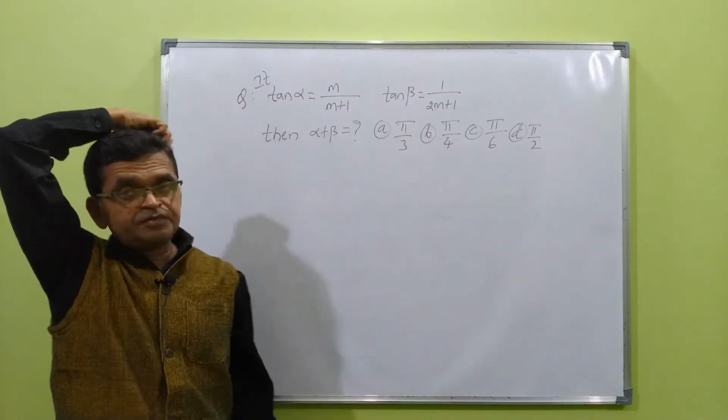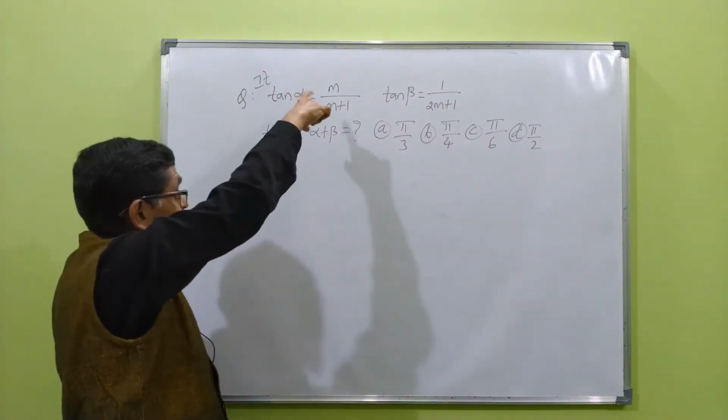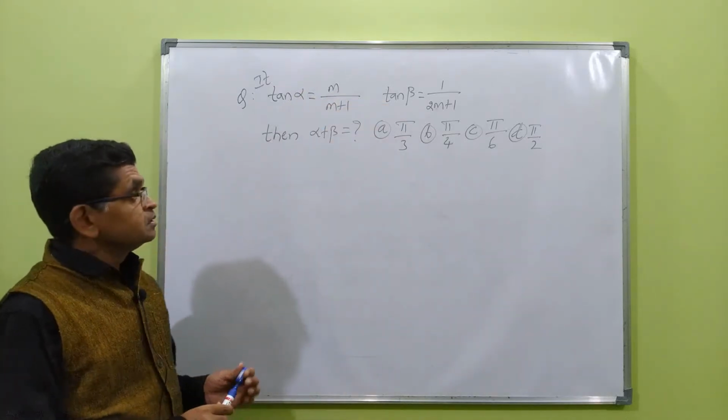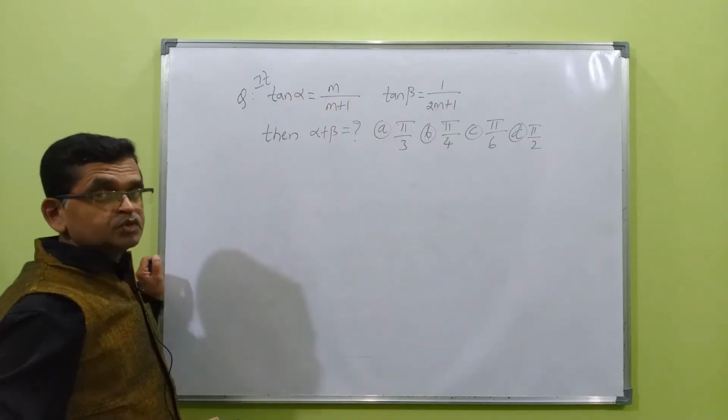Okay, if tan alpha is equal to m over m plus 1, and tan beta is equal to 1 over 2m plus 1.